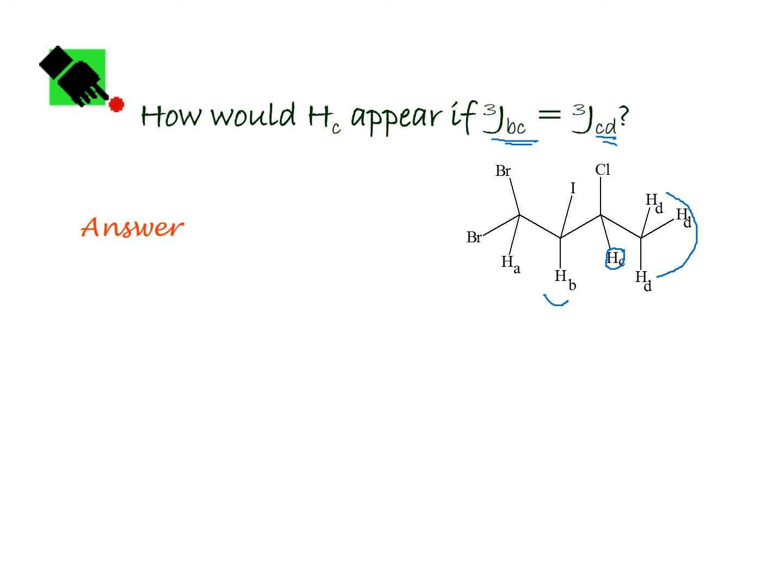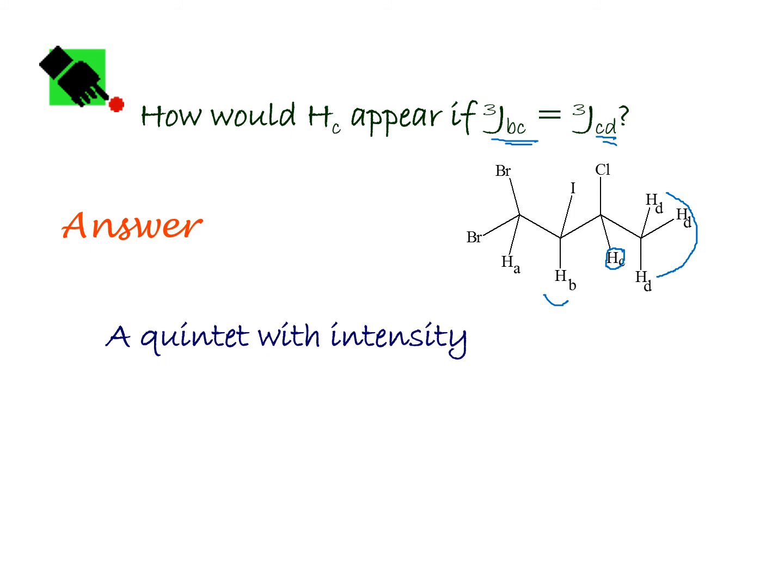And then you will see 5 lines. We call it a quintet, with relative intensity 1 to 4 to 6 to 4 to 1.